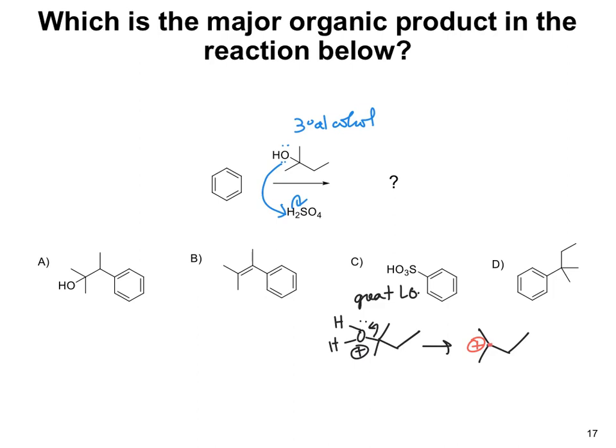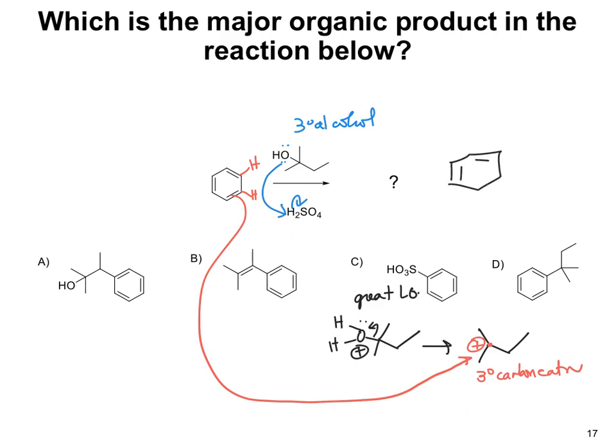And so now we've got this tertiary carbocation, so it's not going to rearrange, and that's a strong electrophile because you have a positive charge. So let's draw our sigma complex here. And then we can draw, this is that carbon.